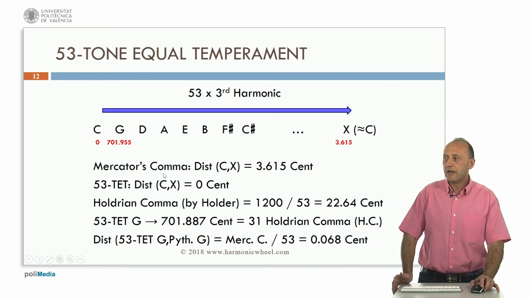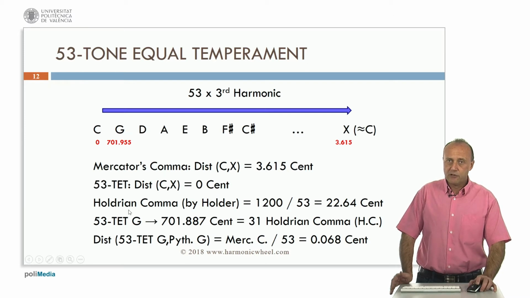It is called Mercator's comma. In 53-tone equal temperament, we divide the octave into 53 equal parts. In that case, this note is exactly a note C. In this system, the difference between two consecutive notes is 22.64 cents, which is called the Holdrian comma by Holder.